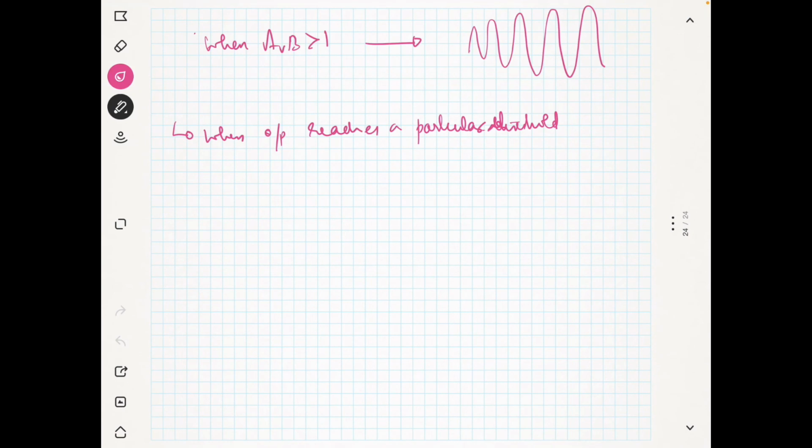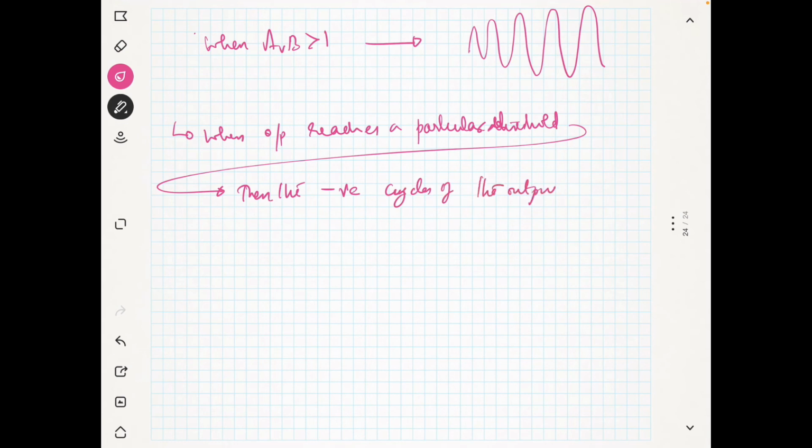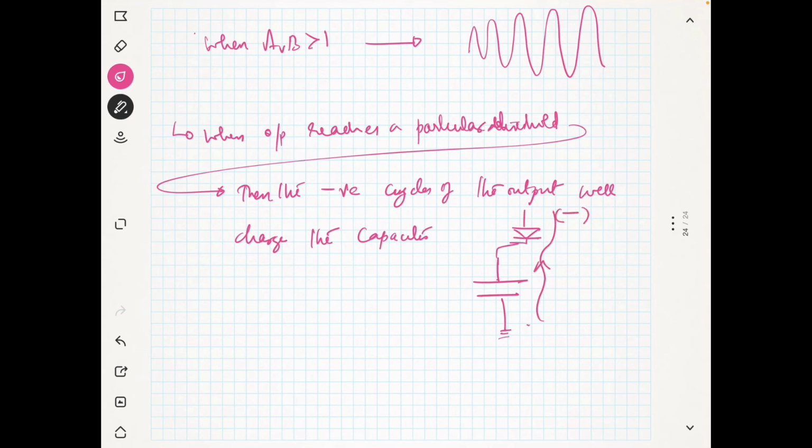So how is it charging? This is the capacitor and this is the diode, as I have told you. This is the ground, so it will charge like this during the negative cycles. If the capacitor charges like this, this becomes positive and this becomes negative.